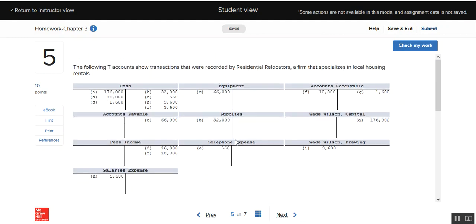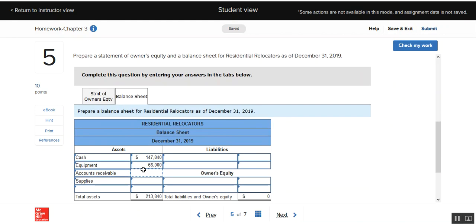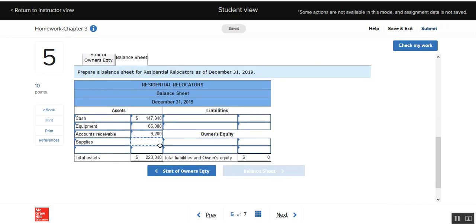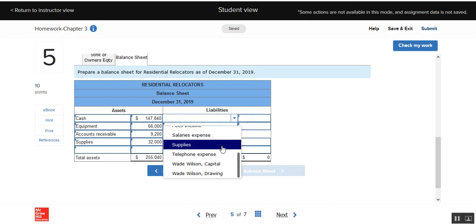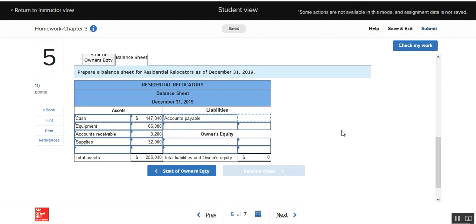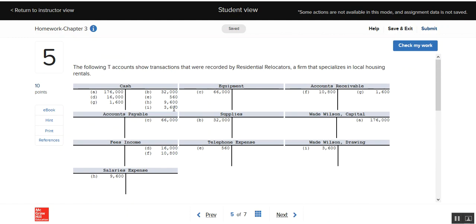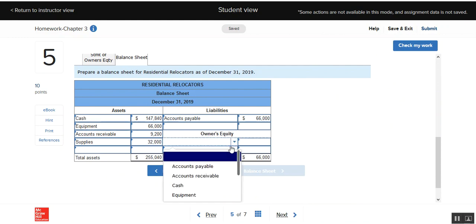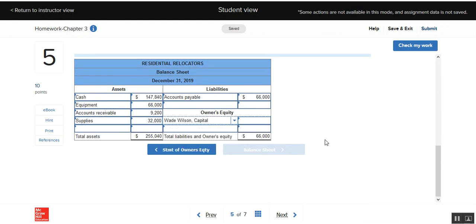Oh, we've got 2 amounts, so we're going to take the difference between those. $9,200 is that balance. And supplies, $32,000. And liabilities, we had just the one, which was accounts payable, and it was $66,000. And then owner's equity, that would be Wade Wilson Capital.